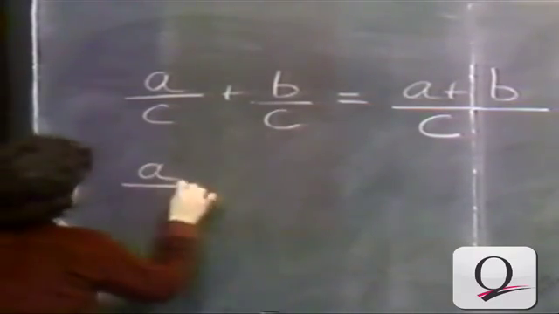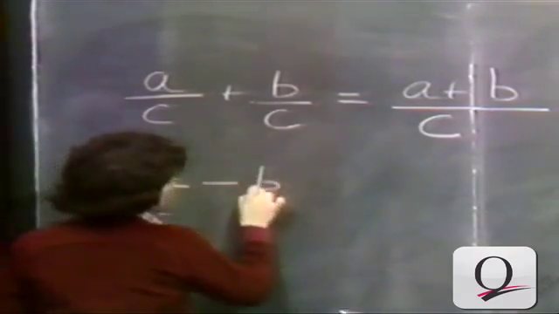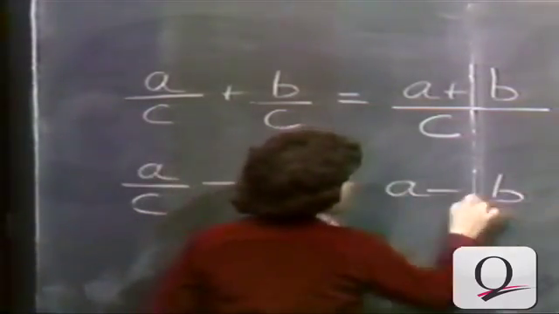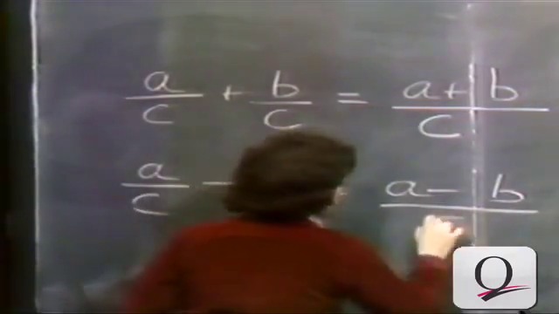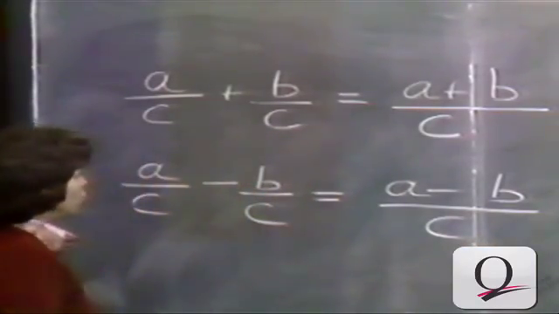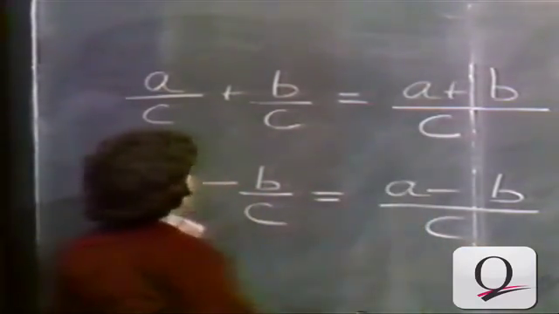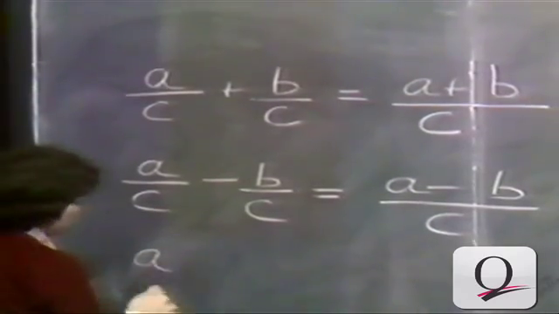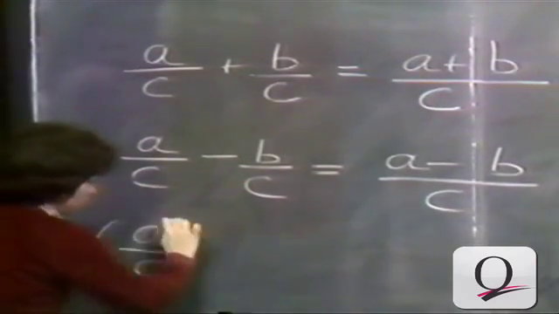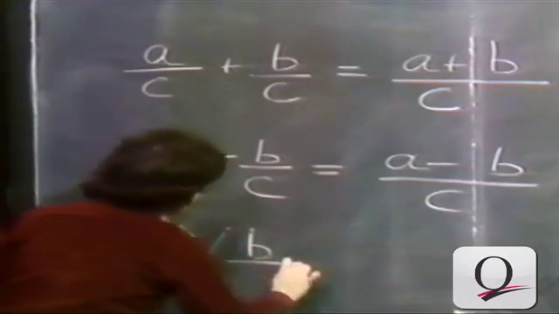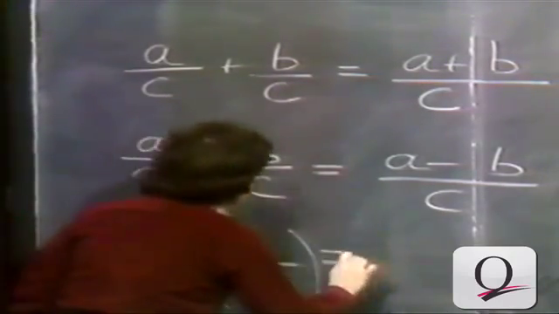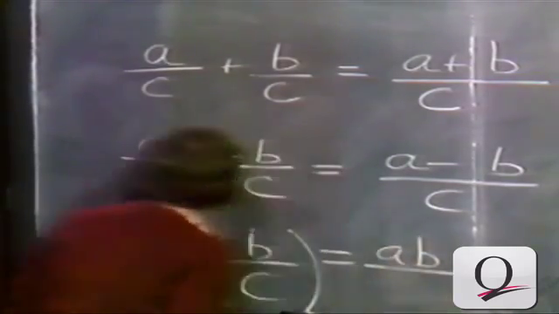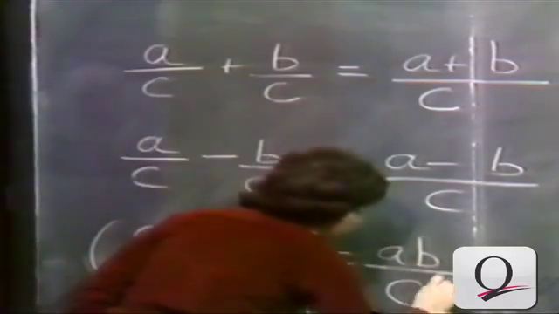Or if you want to subtract two fractions having the same denominator, you subtract the numerators and put them over the same denominator. You do not change the denominator. I realize that when you multiply fractions, a over c times b over c, you multiply the tops, giving you ab, and divide by the product of the denominators, giving you c squared.